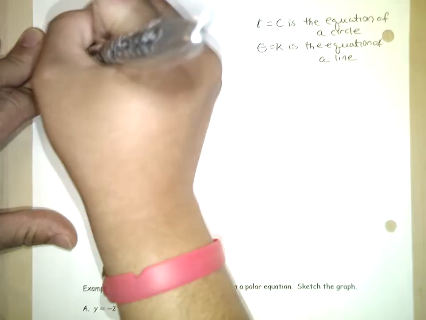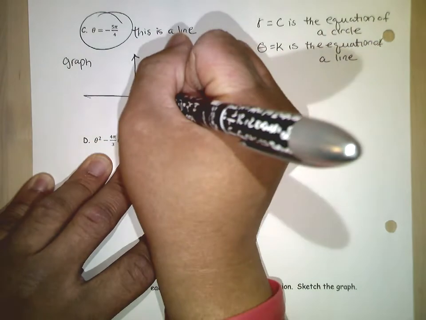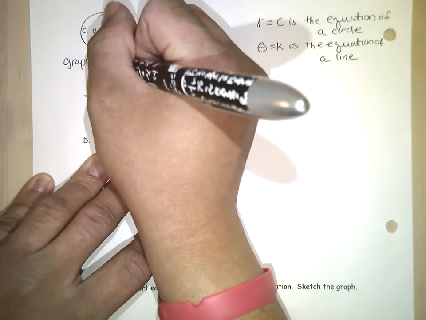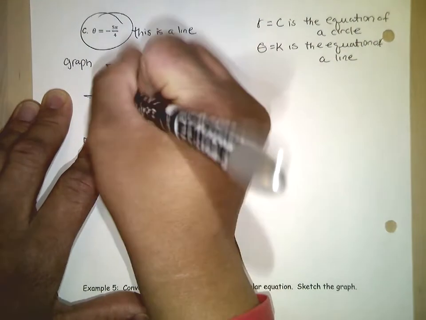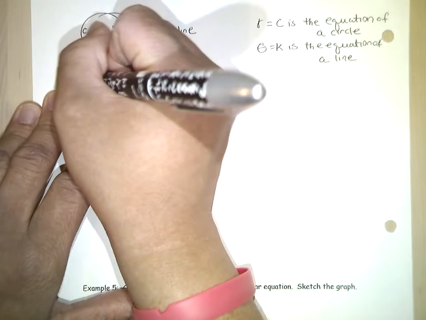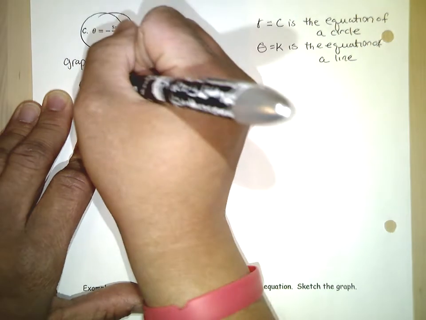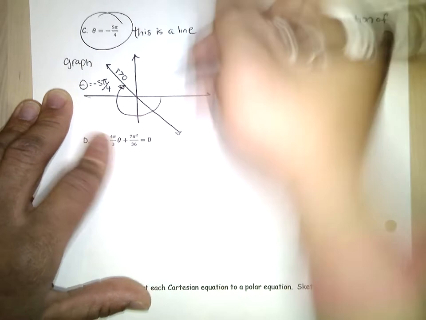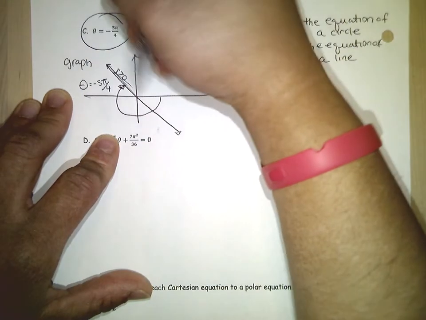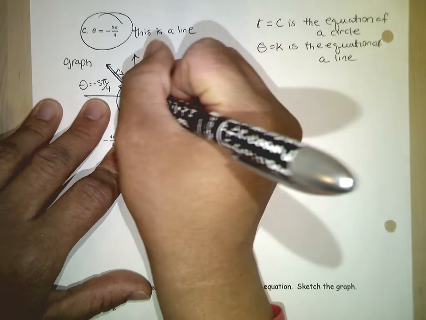So let's graph this. All we need to do is figure out where negative 5 pi over 4 is, and negative 5 pi over 4 is somewhere over here. Theta is negative 5 pi over 4. And in this case, these are all of the values on the part of the line where r is greater than 0 and when r is less than 0.